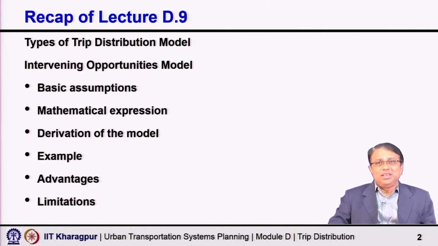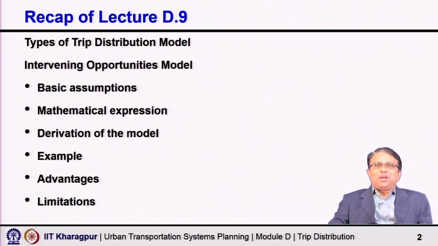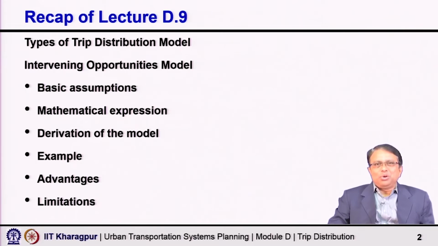What is very important for this model is the order of closeness. For every origin zone, what is the order of closeness of the destination zones? That is where we need to be careful when applying this model. We also discussed the advantages and some of the limitations.